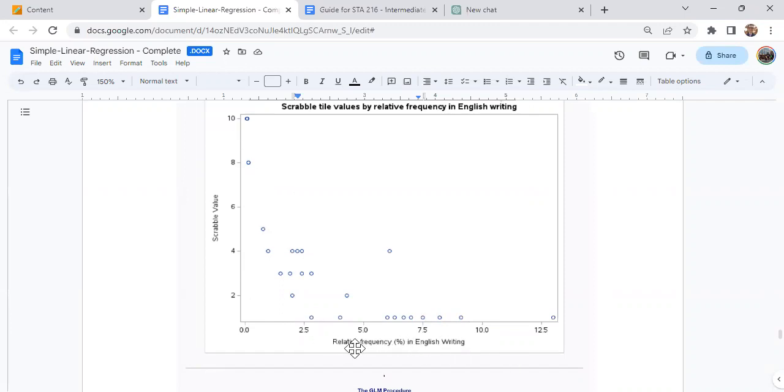If you had a percent relative frequency of like 25%, way out here, you should not get a predicted value for that. It wouldn't be reliable at all because your line was fit on these points, and you can't assume that trend continues. This is another very common misuse of linear regression.